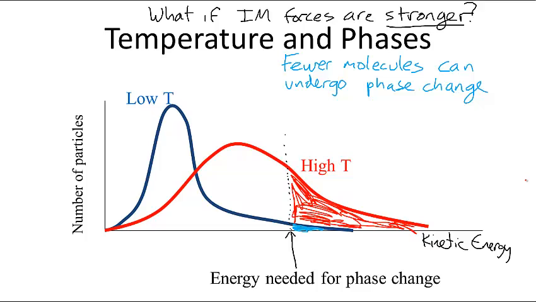At the same time, you'll have vapor molecules that now have a similar Maxwell-Boltzmann distribution. And everything to the left of the line, those would be molecules that when they hit the surface are going to stick.